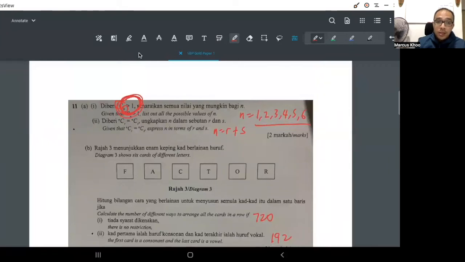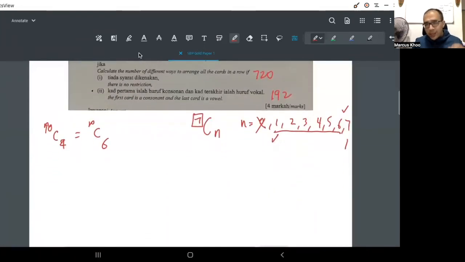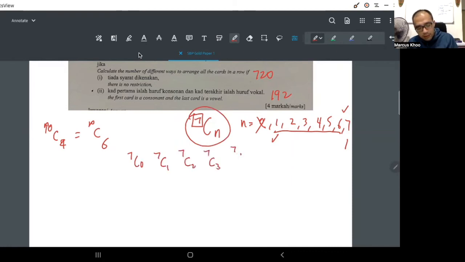Now, secondly, given that nCr equals nCs, express n in terms of r and s. One thing that we didn't really talk about is this combination thing. I'm going to use this example: 7C0, 7C1, 7C2, 7C3, 7C4, 7C5, 7C6, 7C7.